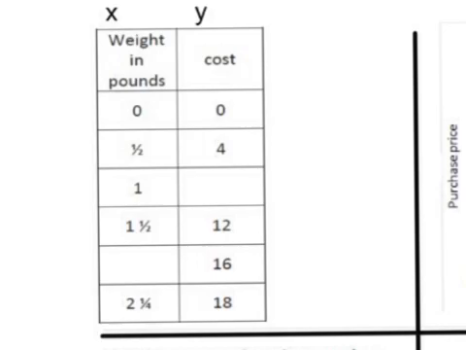So now what we're going to do to find the constant of proportionality is K equals Y over X. So K equals, let's take the Y of 4 and put it over the X of 1/2.